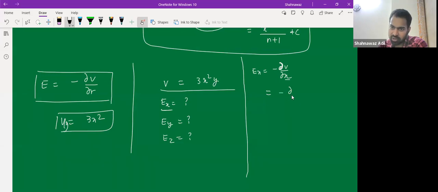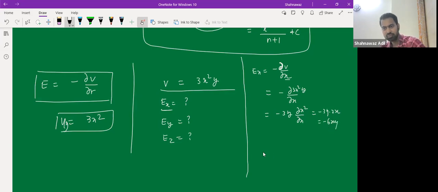Minus d by dx of 3x square y, so minus 3y is outside, d by dx of x square is 2x. So 3y into 2x, which means minus 6xy. This is the Ex. Did you get this one, guys?